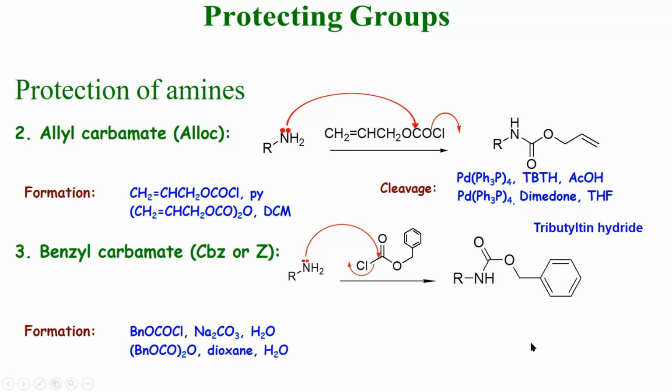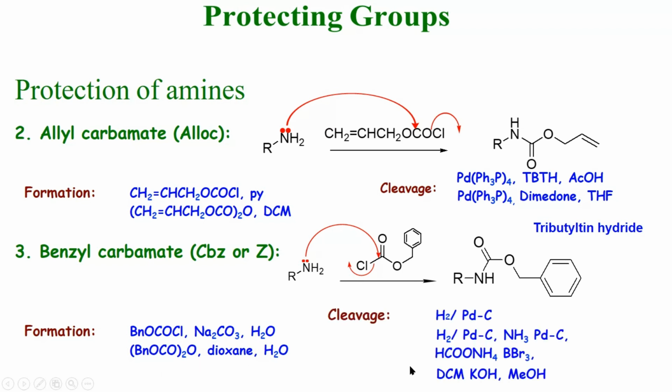This reaction can be carried out not only by using benzyloxycarbonyl chloride in the presence of a mild base like sodium carbonate. This can also be accomplished by using another reagent, benzyloxycarbonic anhydride, in dioxane water.